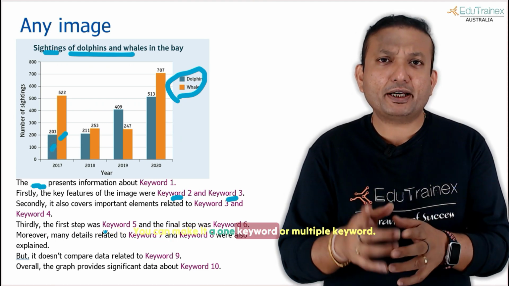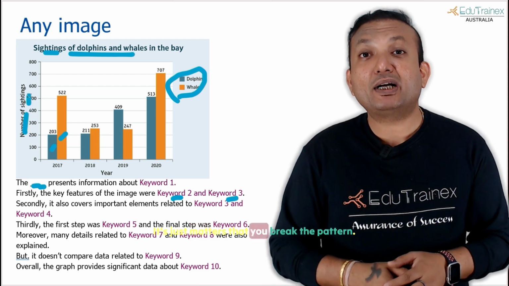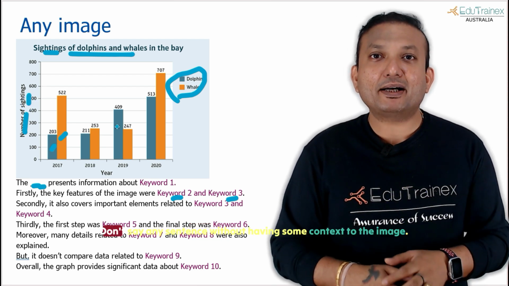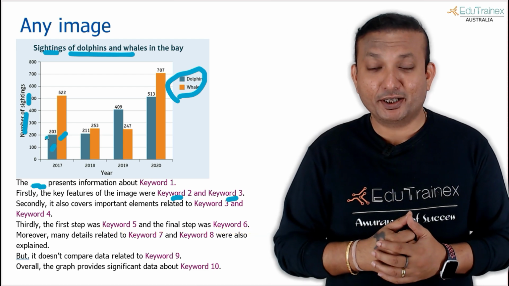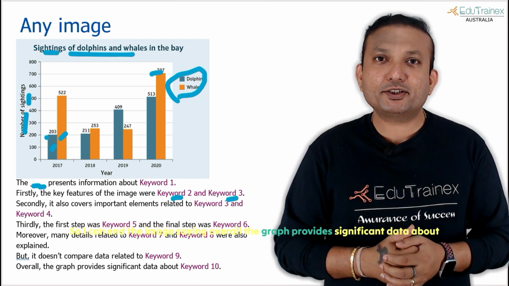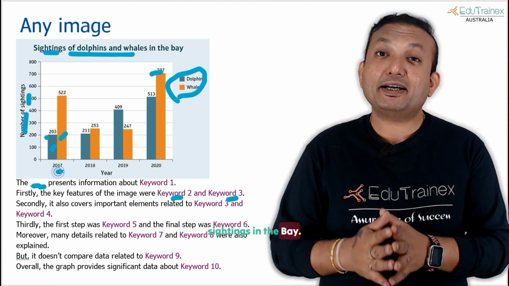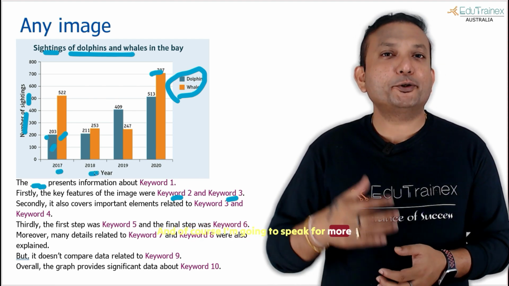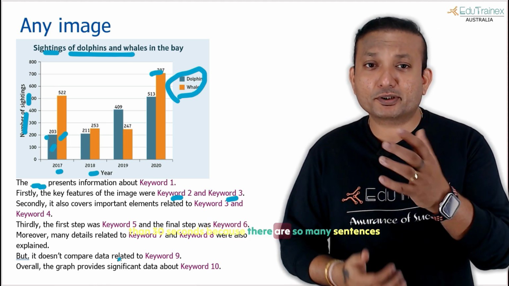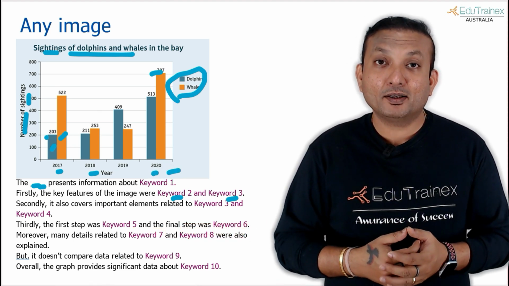You can make it one keyword or multiple keywords. Doesn't matter. It just matters that you break the pattern. Don't say any sentence without having some context to the image. So I can end the image saying, overall, the graph provides significant data about sightings in the bay. Perfect response. And of course, I'm going to speak for more than 30 seconds because there are so many sentences and information that I'm trying to add.